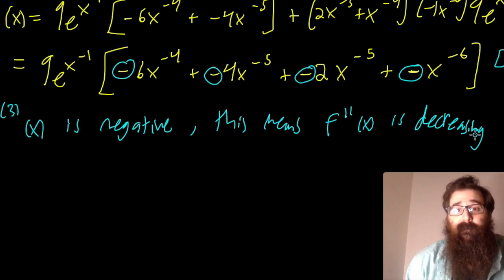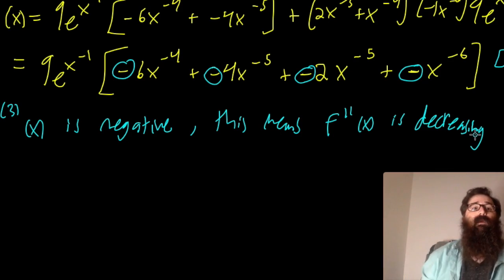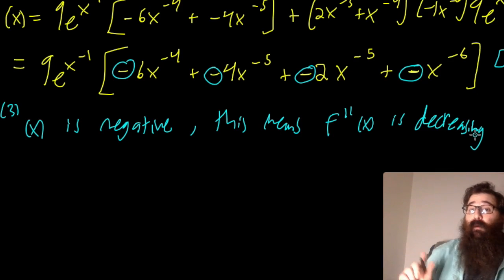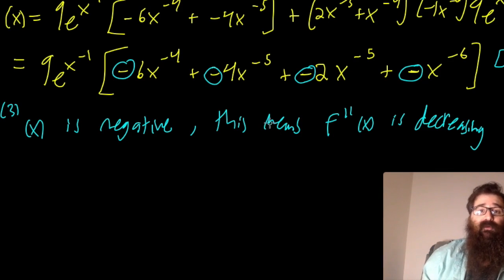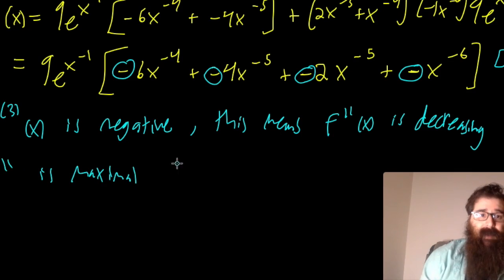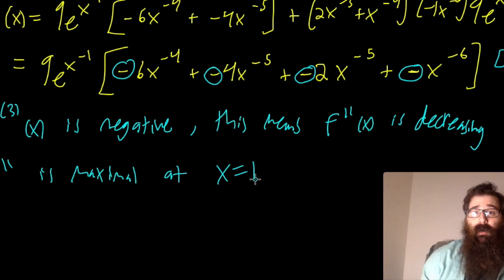So we'd say since the third order derivative is negative, that means the second order derivative is a decreasing function. So now that I know that f double prime is decreasing, f double prime is maximal at x equals 1 on the interval from 1 to 2.